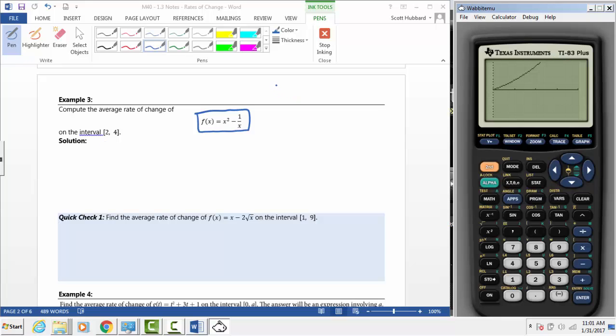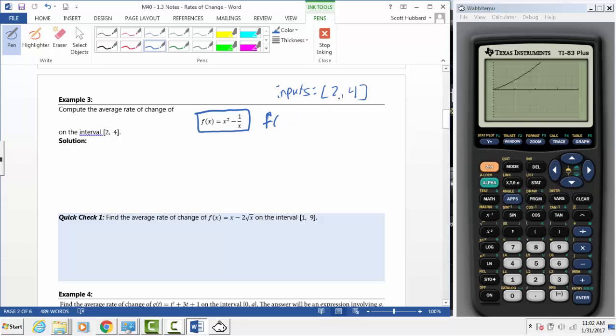So notice that the inputs again, the x values, go from 2 to 4. And the outputs we have to figure out. So let's go ahead and figure that out.